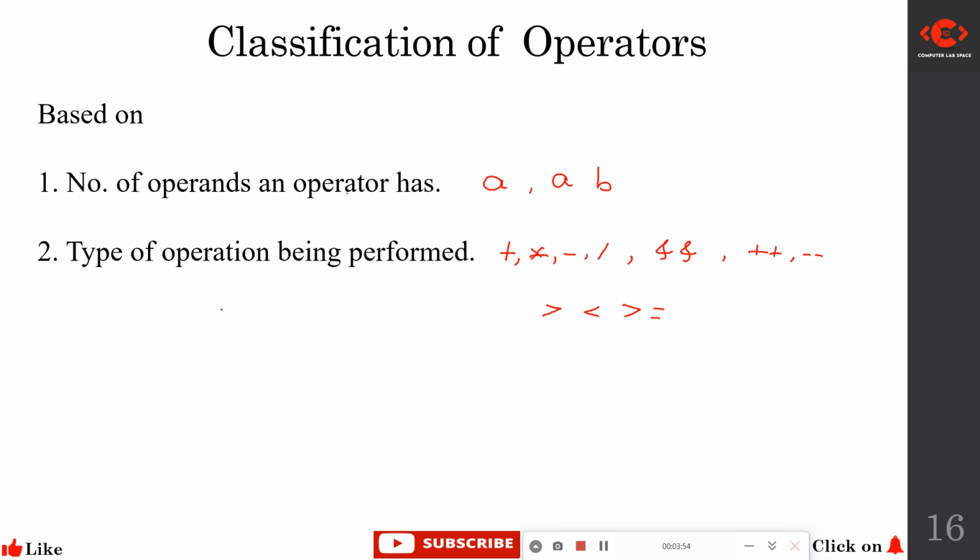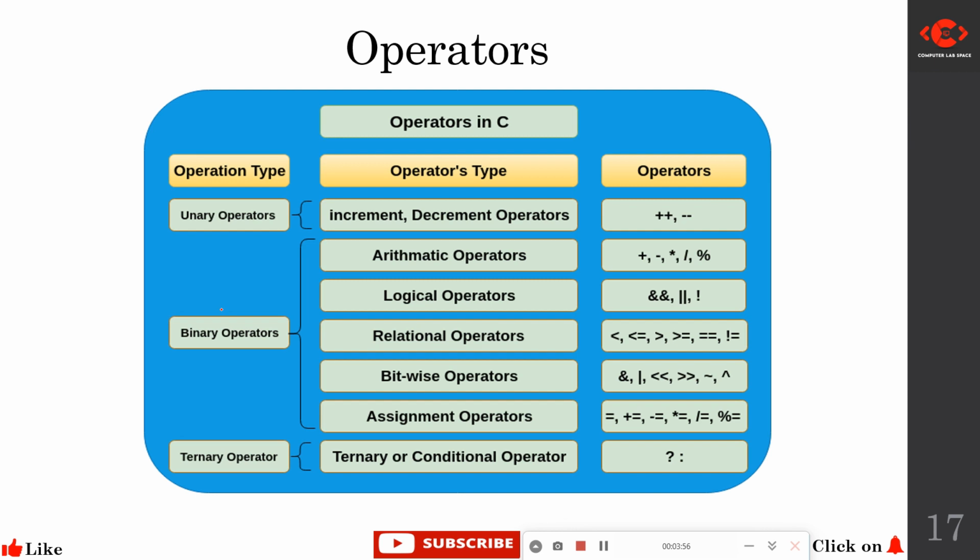Okay, let's start with the first one. See here, as I told, the number of operands an operator has, that is the first classification. And this is our second classification, based on the type of operation we are going to perform.